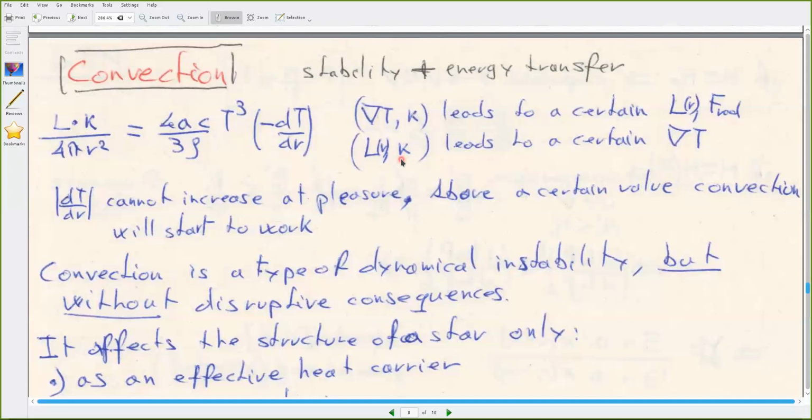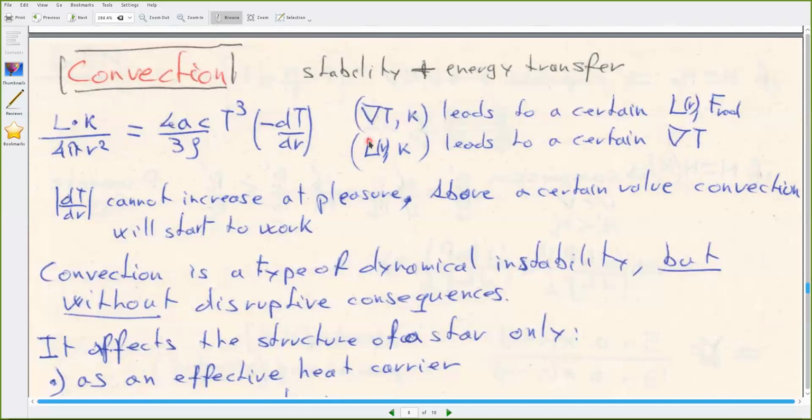But also we can see that if there is a certain luminosity, remember this is determined by the nuclear luminosity, the energy produced by the nuclear reaction, the flux can change with the distance, but the L is the total energy at a certain distance, and is more or less constant if in that area there is no source of energy.